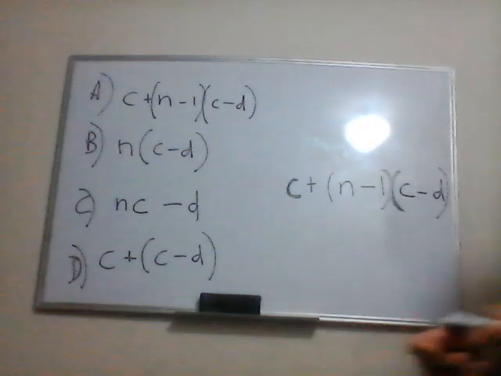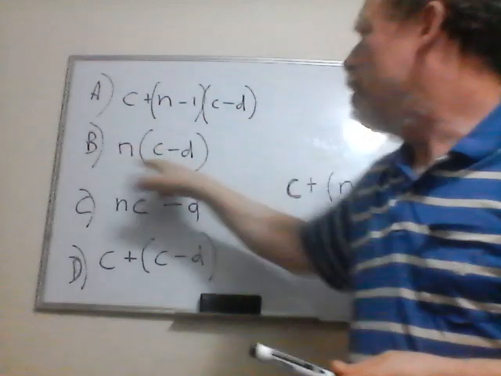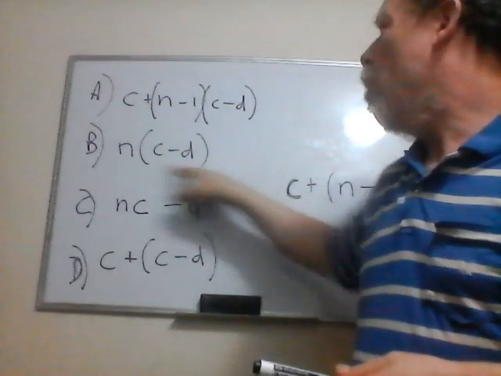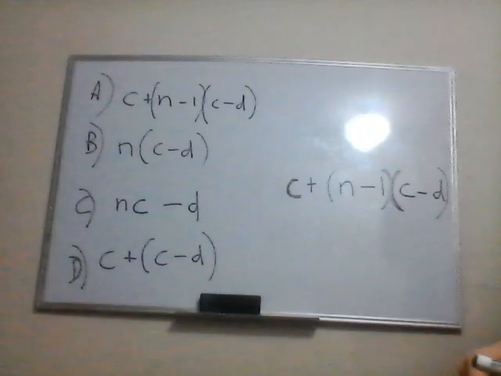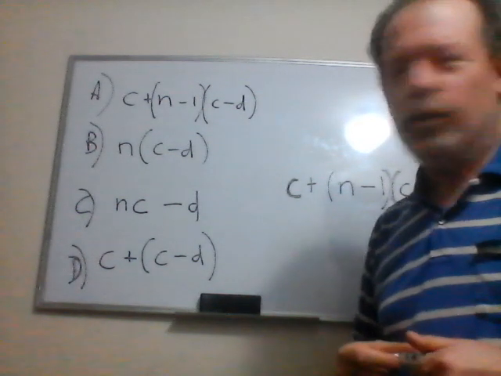This is the discounted price times the total number of books. This ignores the fact that one book is not at the discounted price. That's a problem. That's giving out a discount on the first book when you should not do that.